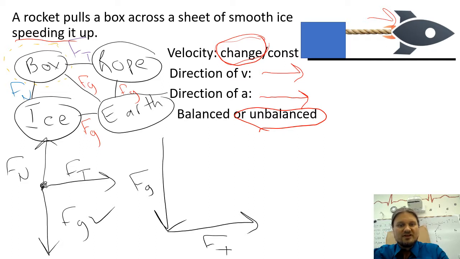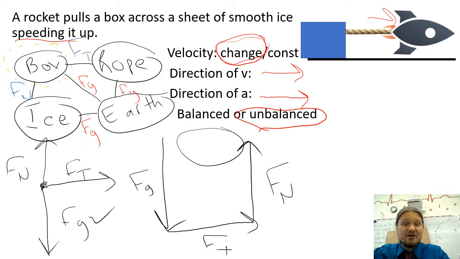And then the normal force from the ice pointing straight up. What we have left then is a big gap here in the diagram, and that's okay. That's supposed to happen because the forces on the object are unbalanced. So my diagram should have some kind of gap in it.